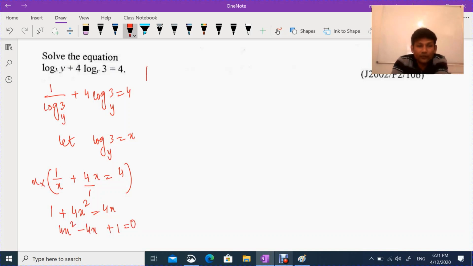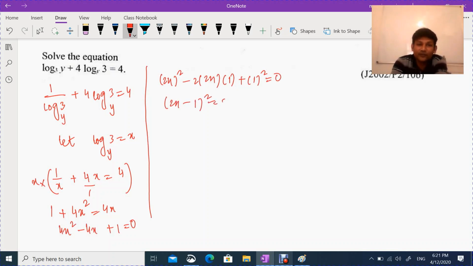This looks like a perfect square formula: (2x minus 1) whole squared equals 0. So 2x minus 1 equals 0, and x equals 1 upon 2.